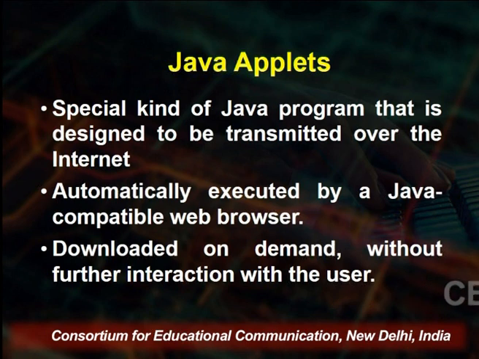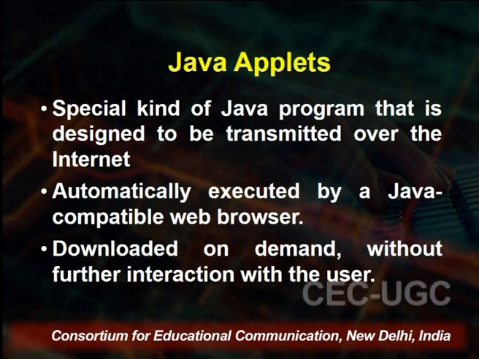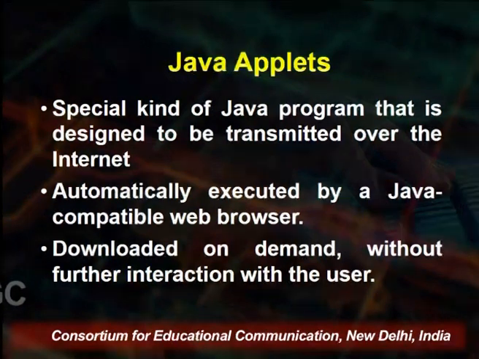This Java applet is transmitted over the internet, but automatically executed by a Java compatible web browser. What is the significance of the web browser being Java compatible? I will be covering that soon.